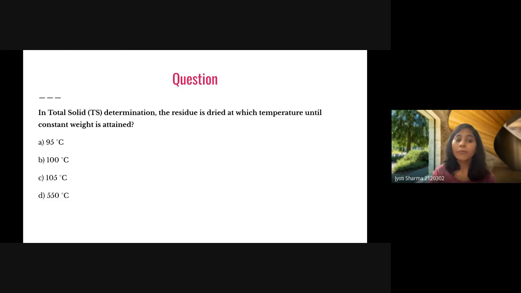If we want to determine total solid, at what temperature do we have to dry the total solids? I'm getting C answer from everyone. So yes, we have to give 105 degrees Celsius temperature so that it can be dried.